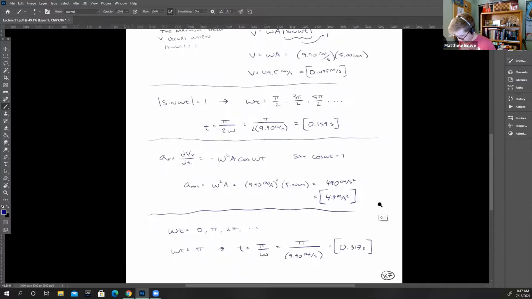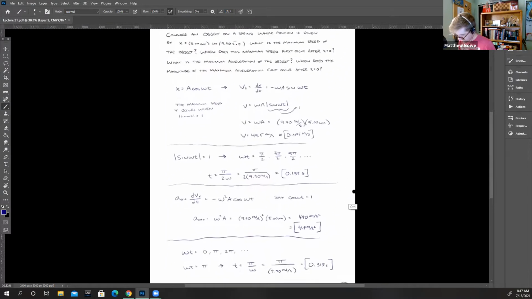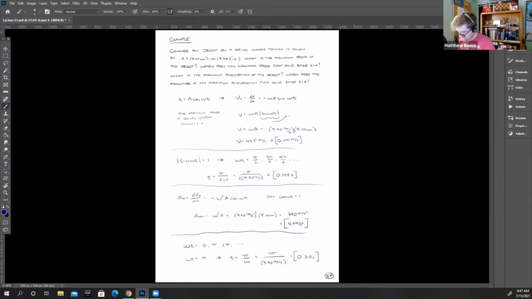All right. So we found the maximum velocity, when that maximum velocity occurs, the maximum acceleration, and when the maximum acceleration occurs.